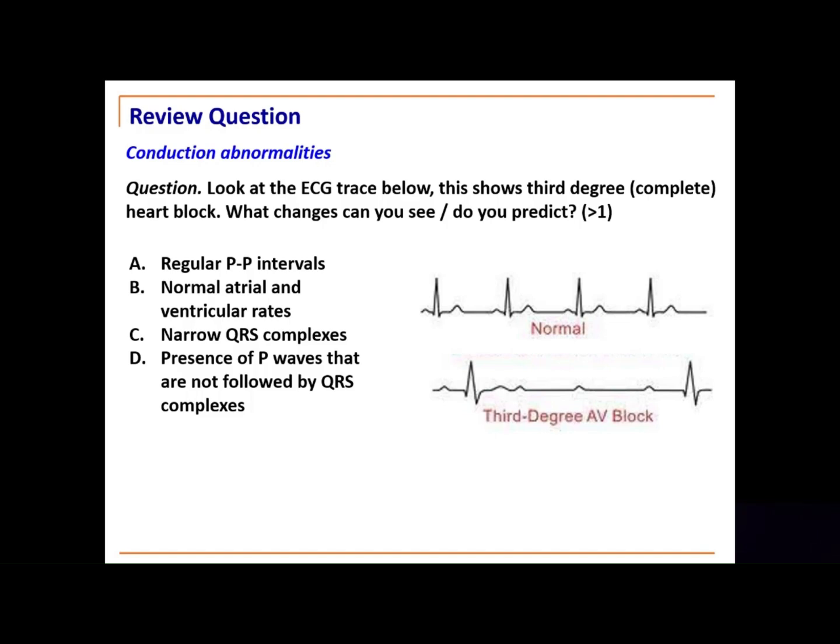So there's a lack of coordination between the atrial and ventricular contractions. And as a result, the P waves, which represent atrial depolarization, occur independently of QRS complexes. And in these patients, a pacemaker will often be required with heart block because you need to get those ventricular contraction rates going appropriately.